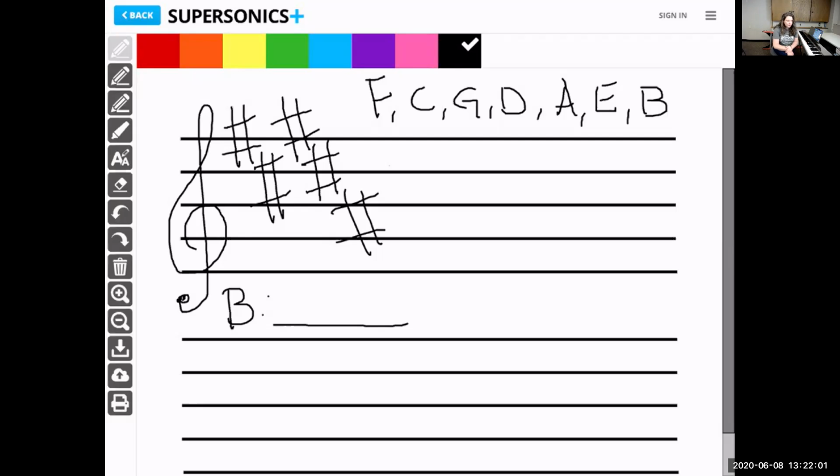Now, let's go to the triad that they give you. So they give you a B, a D, and an F. And what they've done is, let me erase this top.